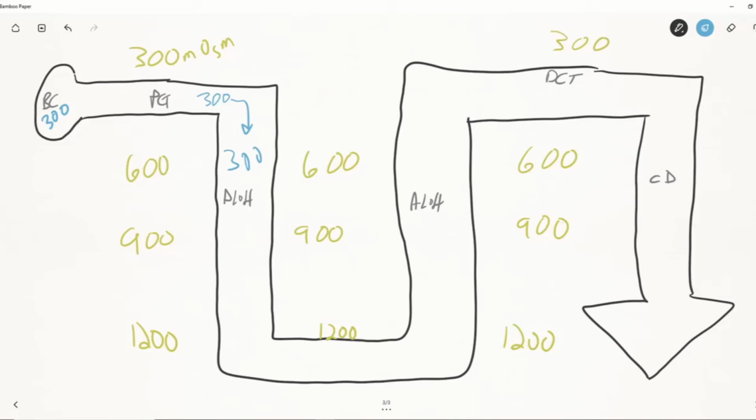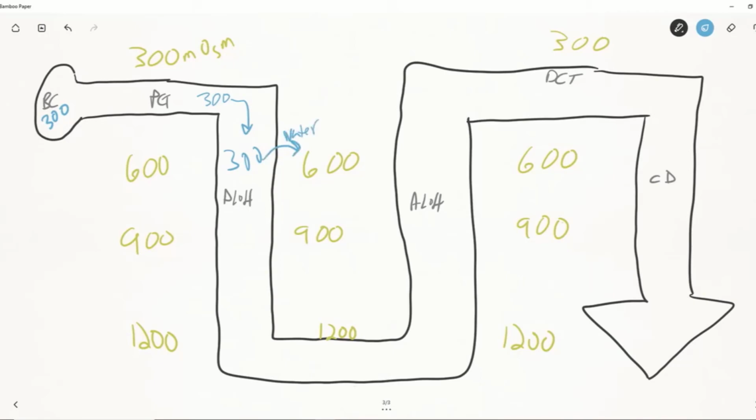The other thing that could potentially happen, and it is what happens, is those solutes out in the interstitium, they suck water towards themselves. So as we go down the loop of Henle, water is being reabsorbed.